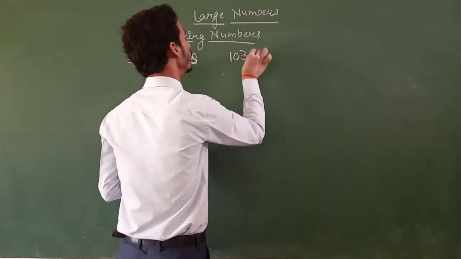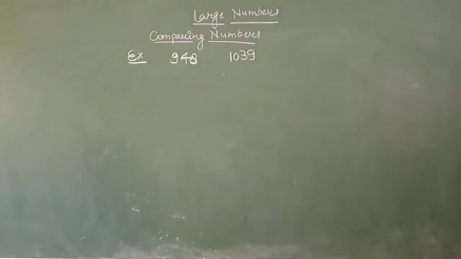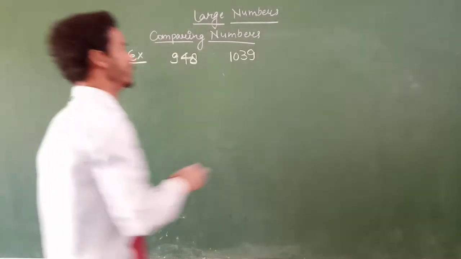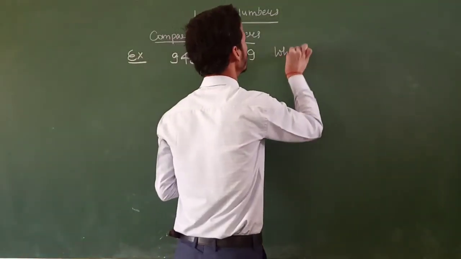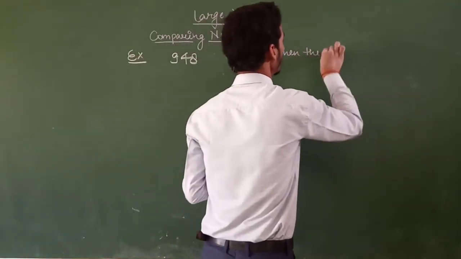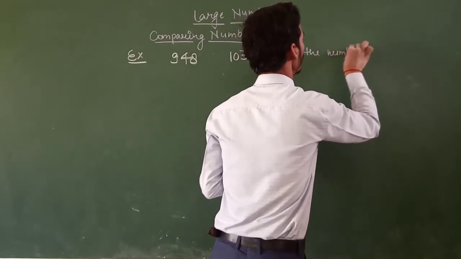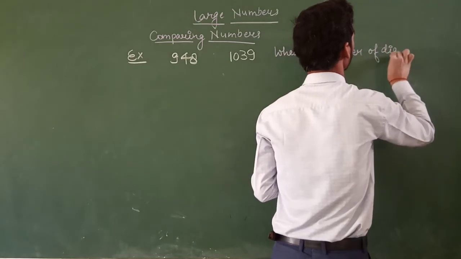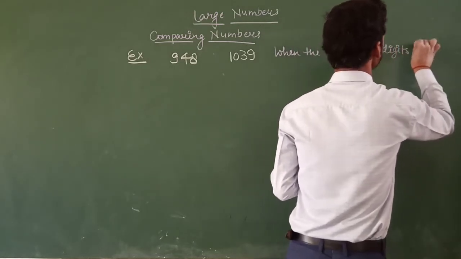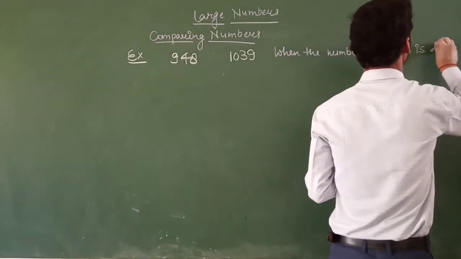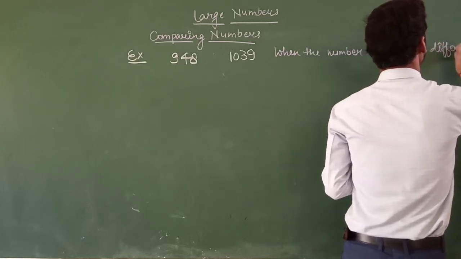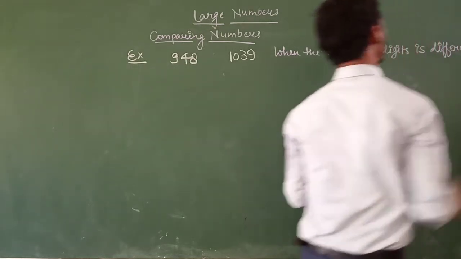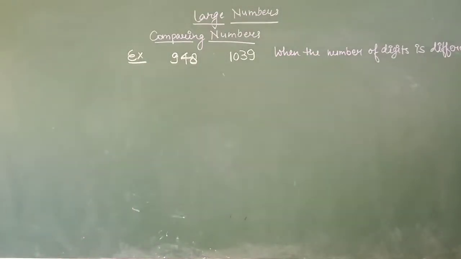1049. You can see here, when the number of digits is different, we have to count the number of digits, and the number with the greater number of digits is greater.